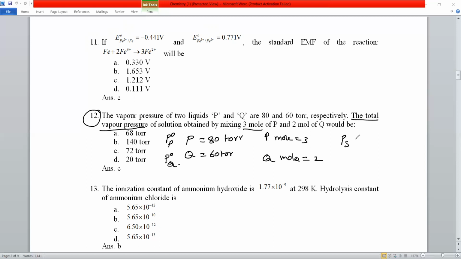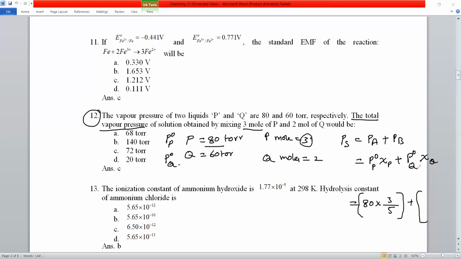Pressure of solution equals PA plus PB, which is P naught of P into its mole fraction plus P naught of Q into the mole fraction of Q. P naught of P is 80 torr, and the mole fraction of P is number of moles of P divided by total moles, 3 divided by 3 plus 2, which is 5. Plus P naught of Q is 60 torr, and the mole fraction of Q is 2 divided by 5.